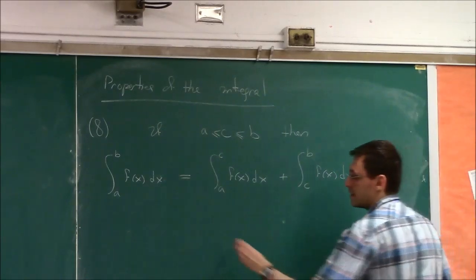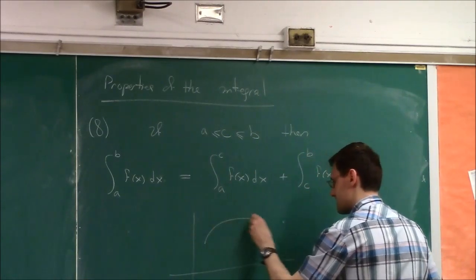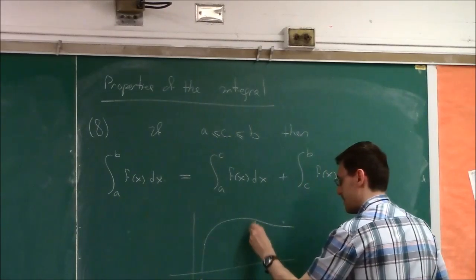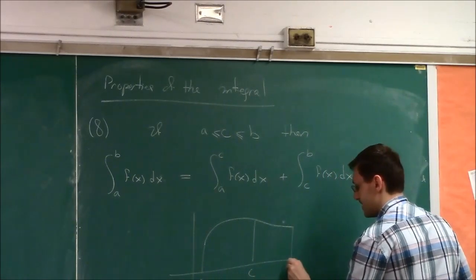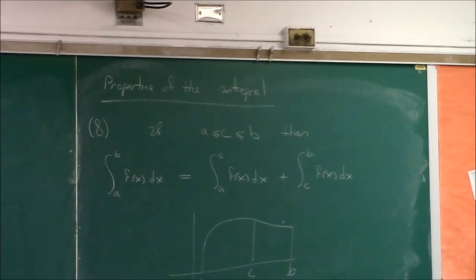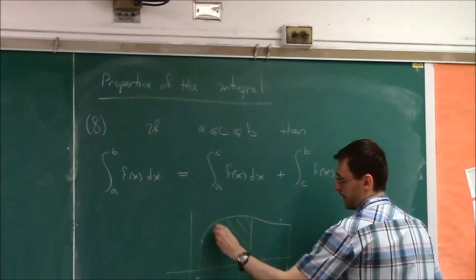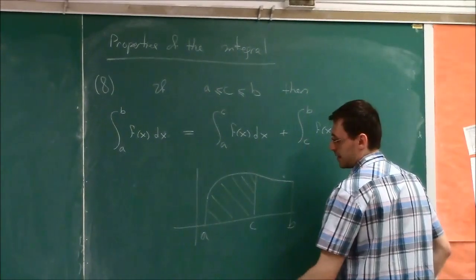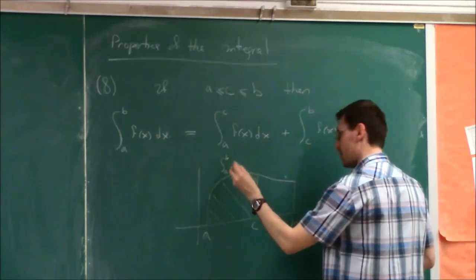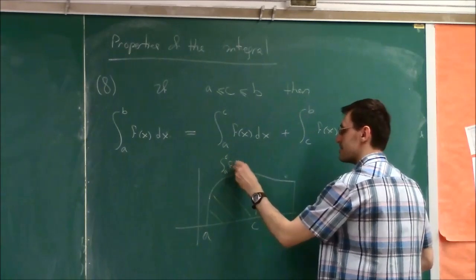And the reason for that geometrically: so this is A, this is C, this is B. You can calculate this integral first, so that is the integral from A to C, I'm sorry, of f dx.